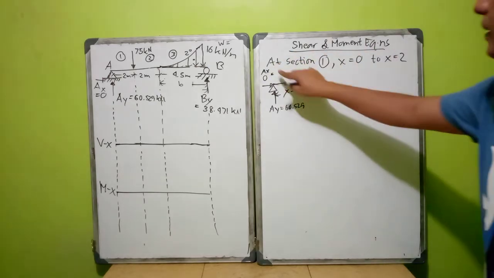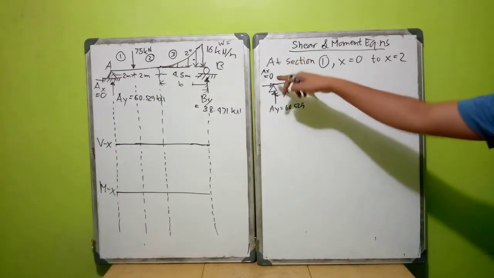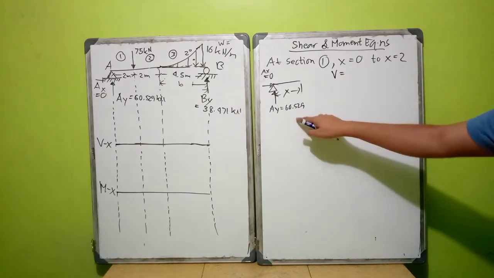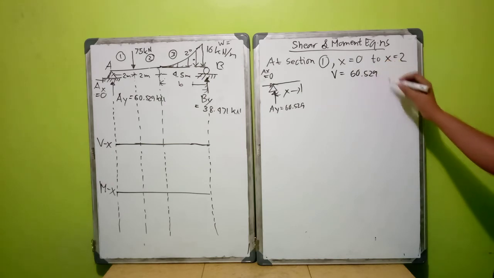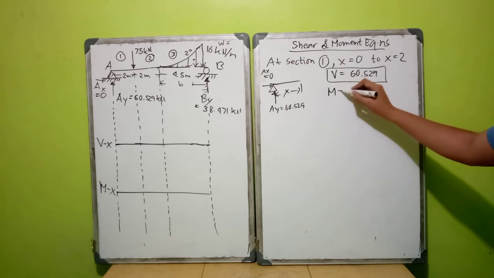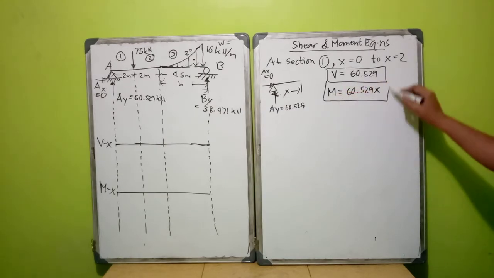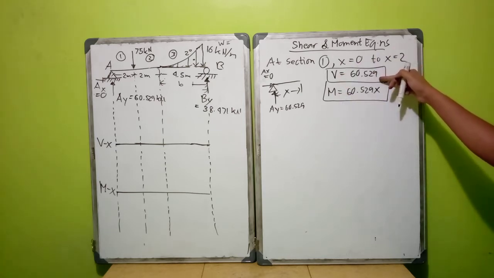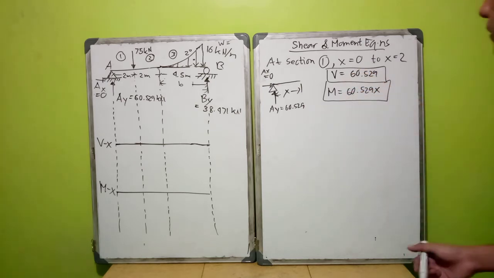We only need the vertical component for your shear and moment diagram, so AX you just neglect. So V here is equivalent to 60.529, equivalent to AY. This is your shear. And your moment is 60.529 X. Please take note that if you integrate the shear, you will get the equation of the moment.